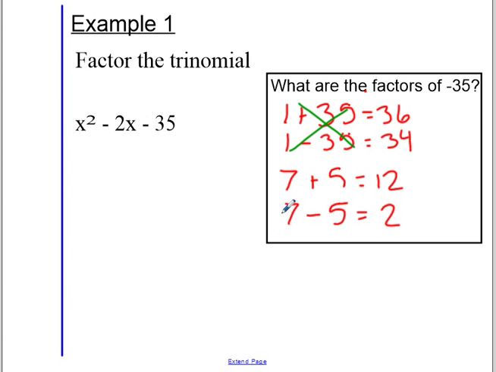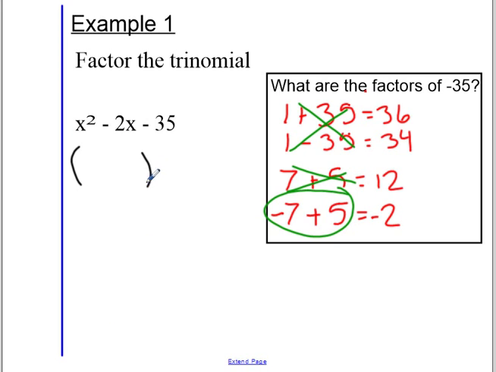Instead, I would have to start with a negative 7 and a positive 5 to get a negative 2. So this is the set that works to create not only the negative 35, but also to add and make negative 2. Let's now set up our answer.